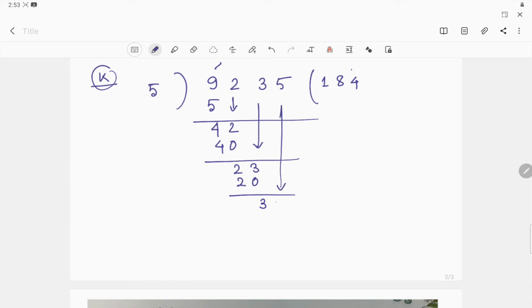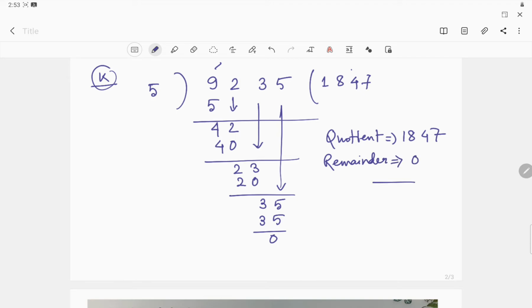Now bring down 5. So 7 5s are 35. So here also you are getting remainder 0. That means here the quotient is 1847 and the remainder is 0. That means 9235 is completely divisible by 5.